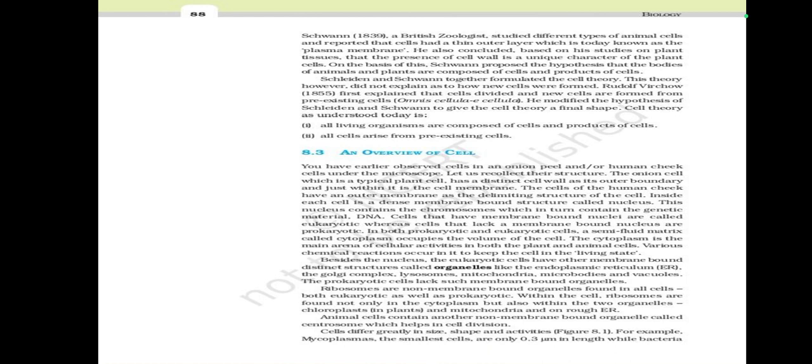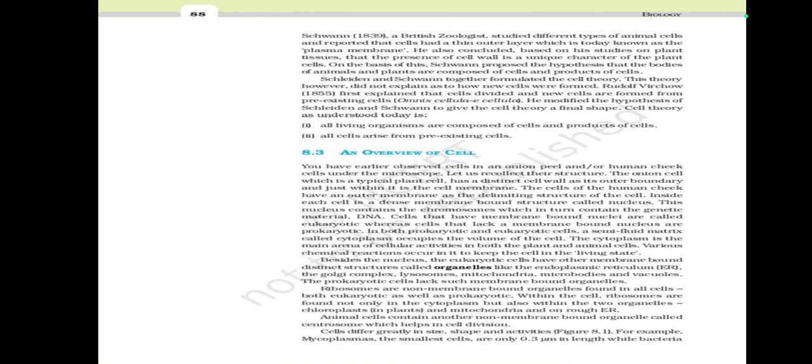In both prokaryotic and eukaryotic cells, a semi-fluid matrix called cytoplasm occupies the volume of the cell. The cytoplasm is the main arena of cellular activities in both the plant and animal cells.